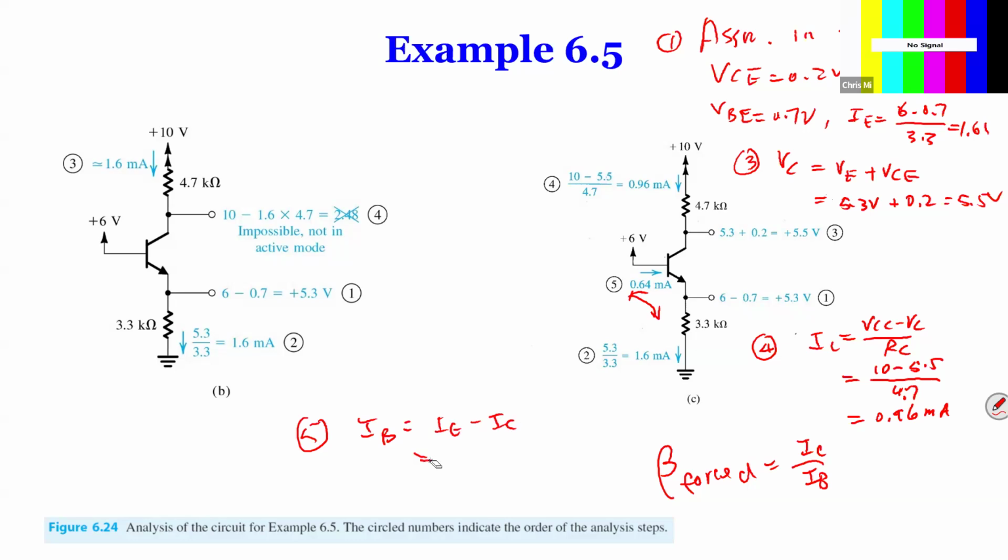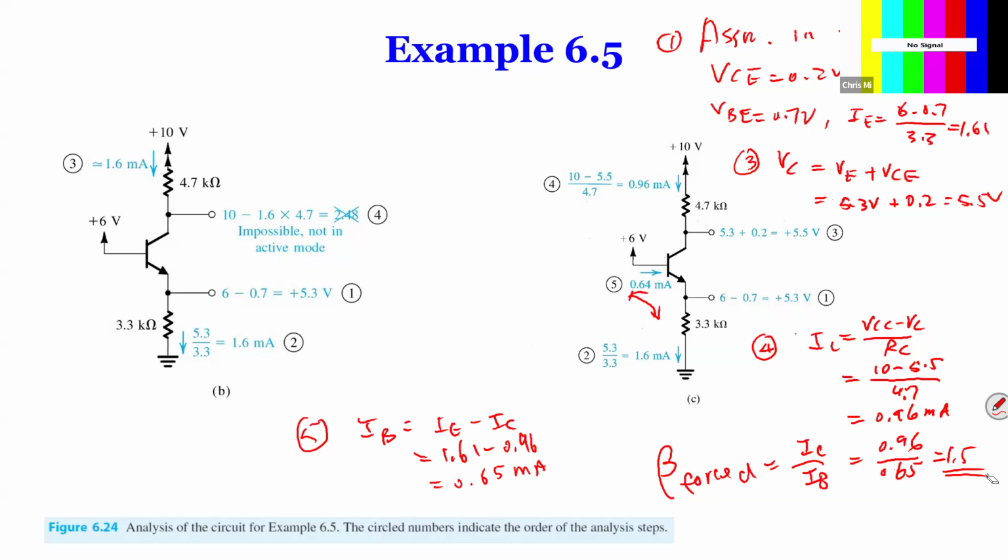IE is 1.61 minus IC of 0.96, right? So that's 0.65. So beta is 0.96 divided by 0.65. That gives you a very small number, 1.5. You see, that beta is very small, so it is in saturation mode.